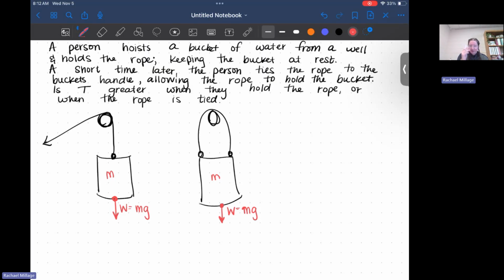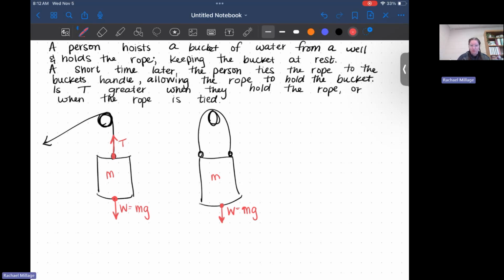Now we have to think about the other force that's acting on each of these buckets. We're going to start with case 1. We have one point of contact with the rope, so there has to be some sort of tension force here. We know that this bucket is not moving, right? The person is holding it still.